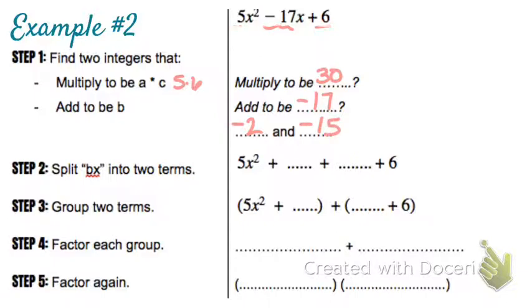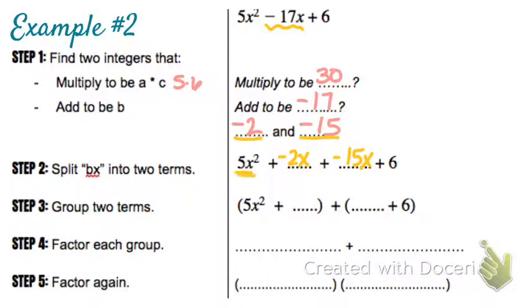And again, the whole idea of this is to rewrite our original problem and to divide this -17x into two pieces. -17x is the same as -2x and -15x added together. So you want to look at this. If I look at -2x here and -15x here, it doesn't work out as clearly.